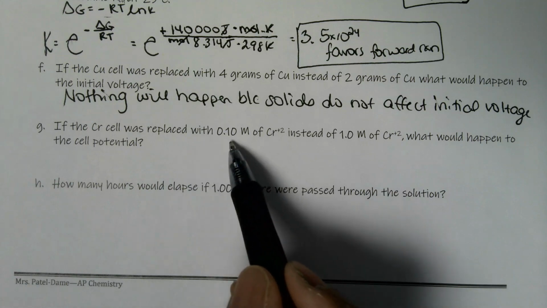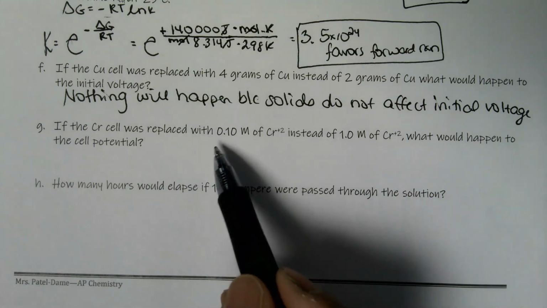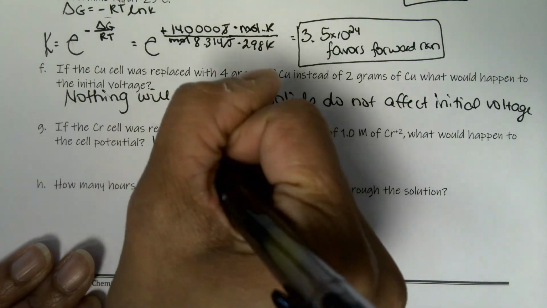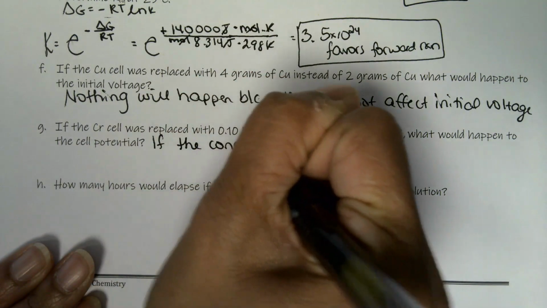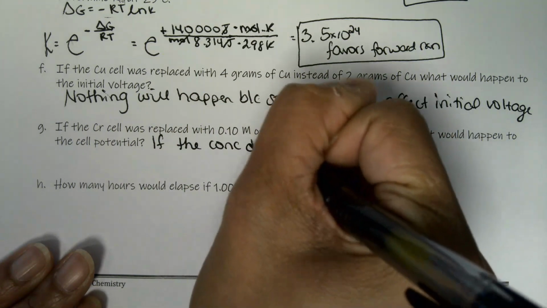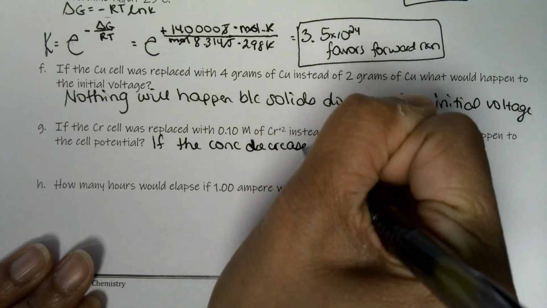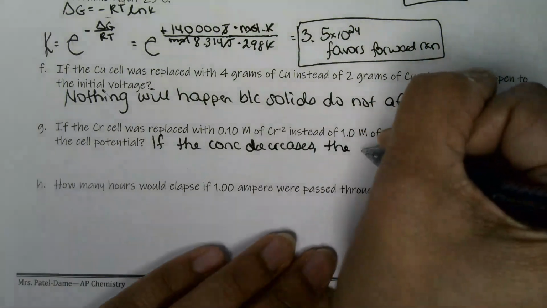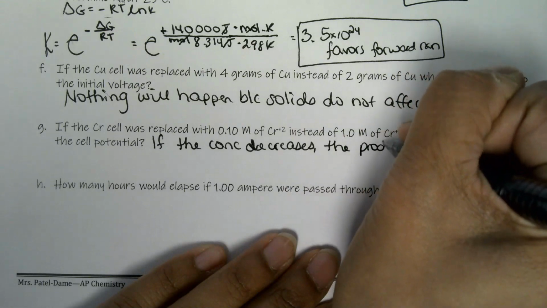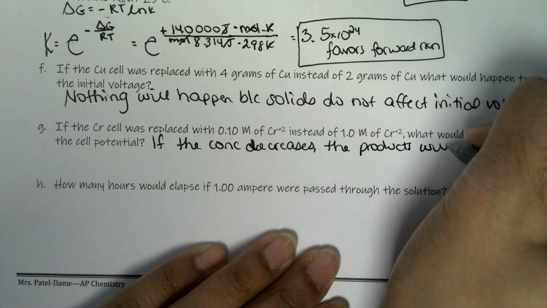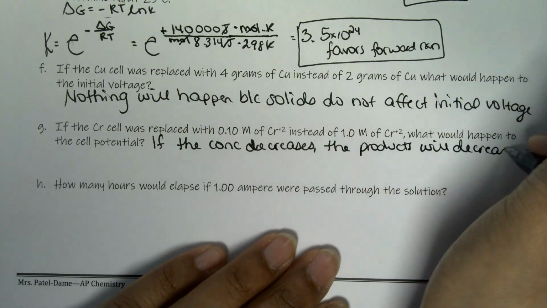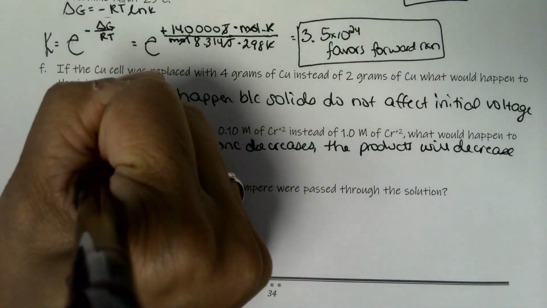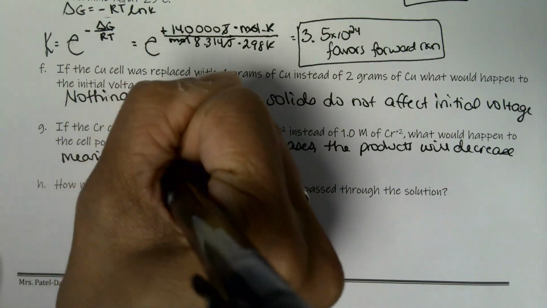So if we're thinking about this, if we reduce the concentration, the number of products will reduce. So we can say if the concentration decreases, and I'll write it decreases, the products will decrease, meaning that your Q will be less than 1.